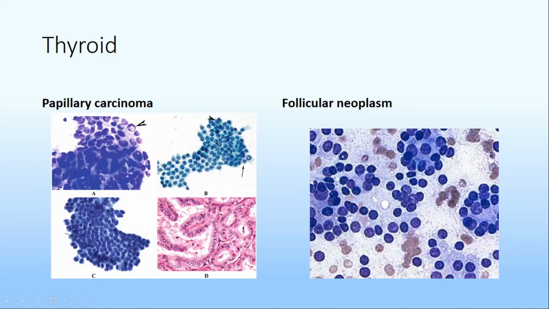Basically, these are all microfollicles, suggestive that we are dealing with a follicular neoplasm. So we end up saying follicular neoplasm because we cannot say whether this is follicular adenoma or follicular carcinoma, since we cannot diagnose follicular carcinoma from aspiration. We need to remove the thyroid.